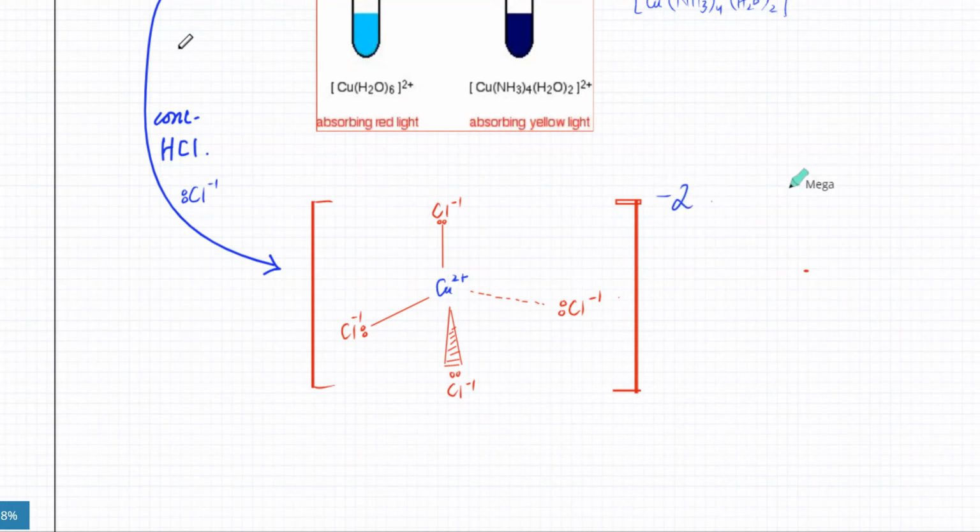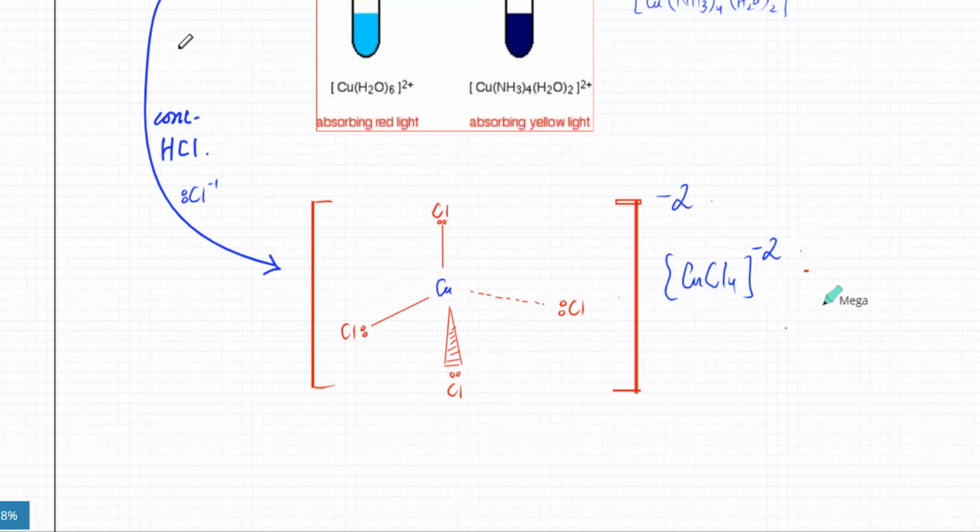Rub off the charges on the individual atoms or ions because they're all together now. So this one is CuCl4, and it's got a charge of -2.